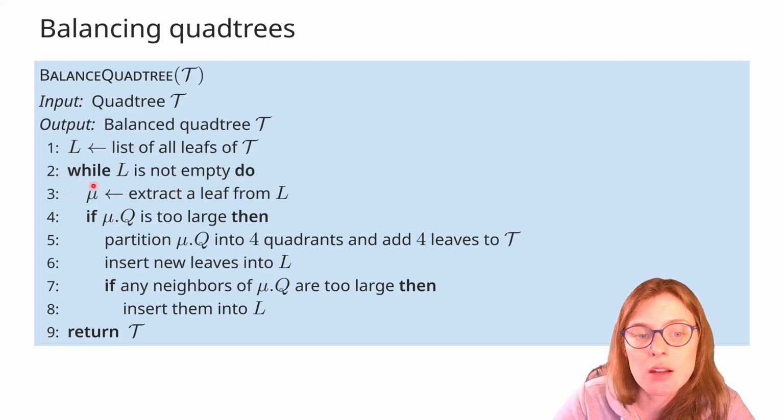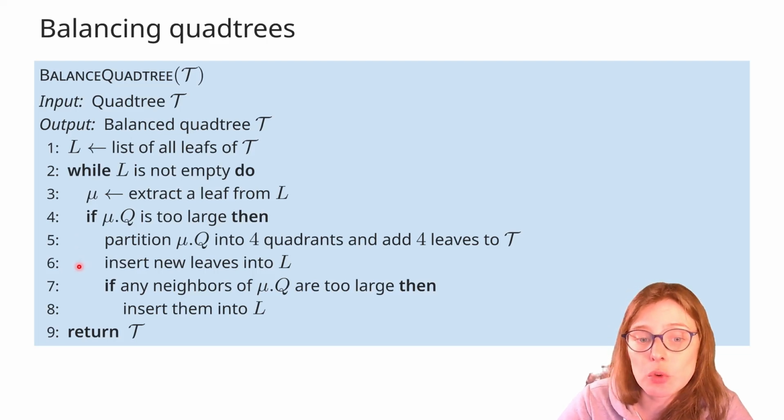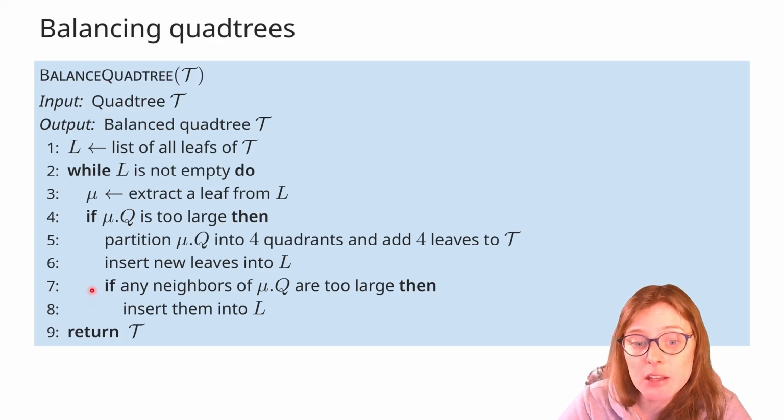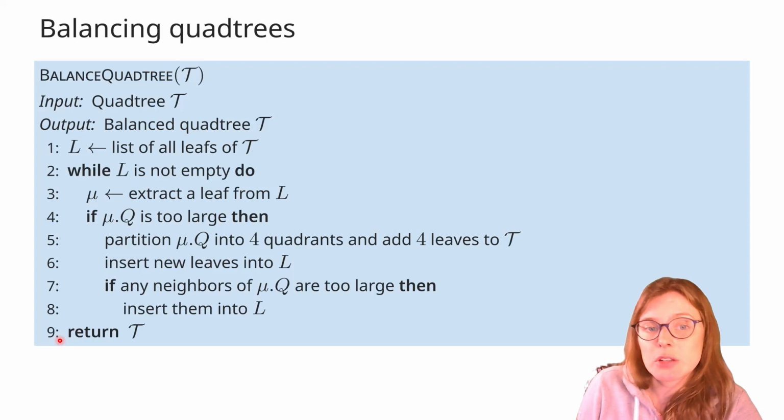We take any leaf from L. If this leaf is too large, then we partition it into 4 quadrants and add 4 leaves to the tree, and we insert the 4 new leaves into L. After that, if any neighbors of the old square are too large, then we also insert them into L. So we repeat this operation of subdividing the leaves until this list L is empty. When we're done, we return the balanced quadtree T.